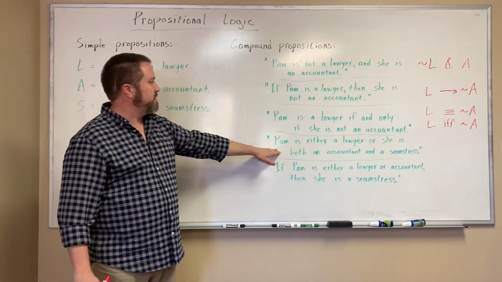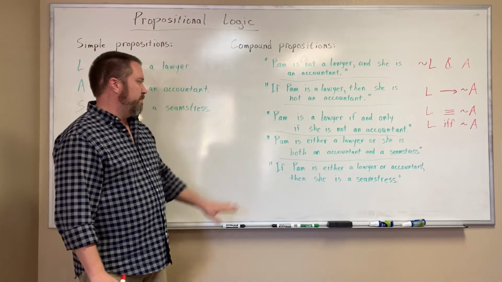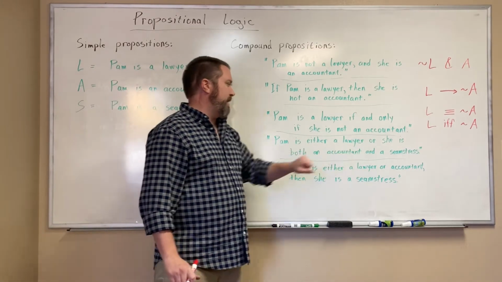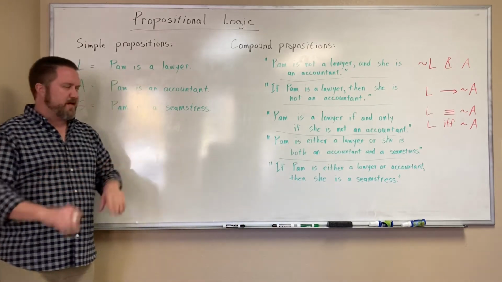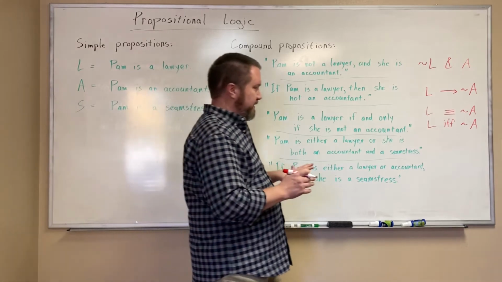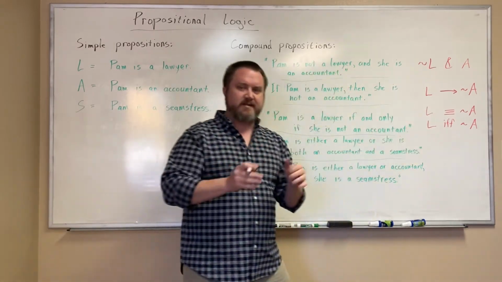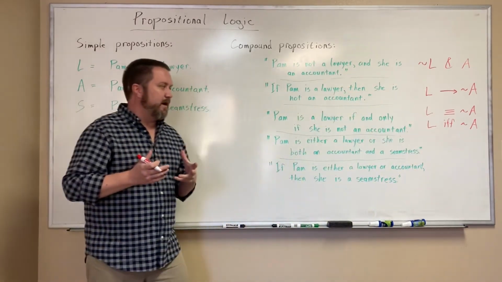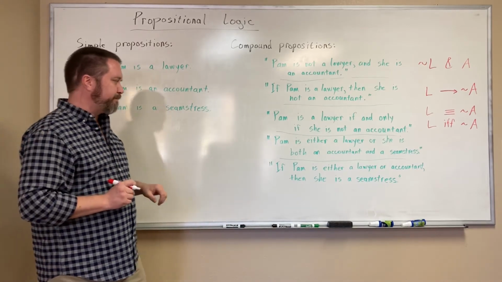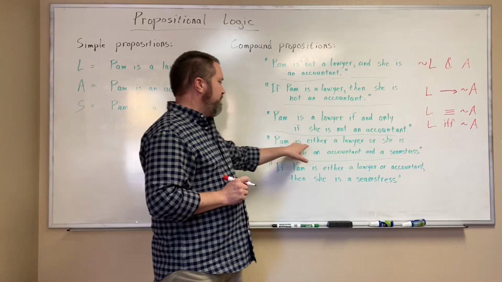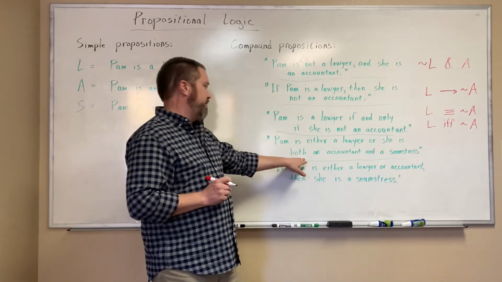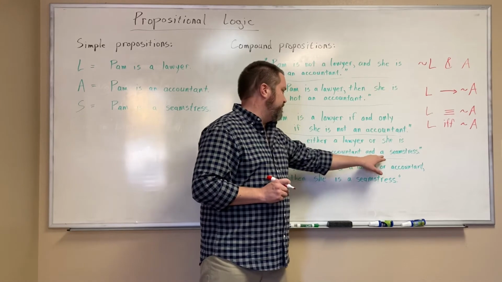And let's see, the fourth one we have: Pam is either a lawyer or she is both an accountant and a seamstress. So there's a lot of things going on. I'll introduce a concept in this one. We're going to use parentheses, kind of like you do in math, to isolate a part of the equation. So Pam is either a lawyer or she is both an accountant and a seamstress.